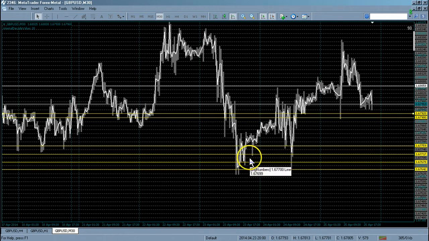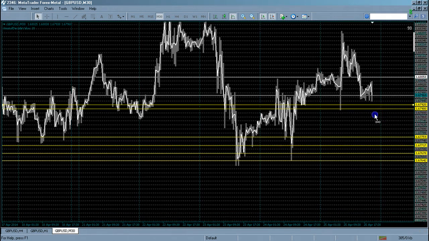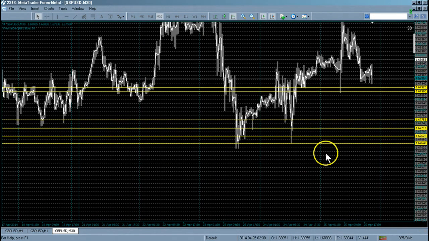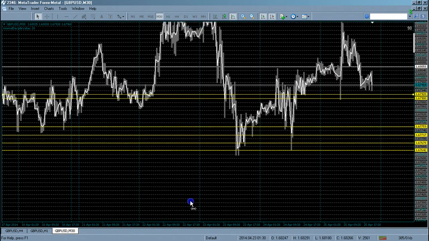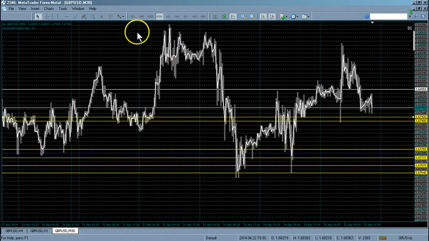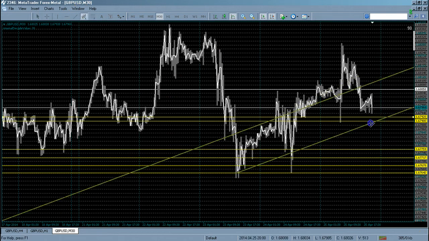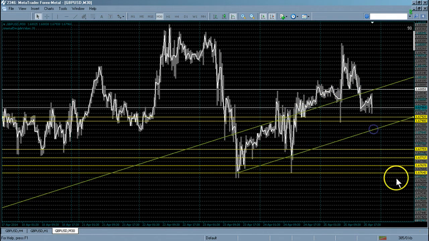Okay, but this 10 pip window here, you can just see how this is so stupid. I mean, you're already at 10 pips, right? So if you're just thinking buy low, sell high, which is how you make money trading, I can't believe that's how easy it is, but it's basically what it is.